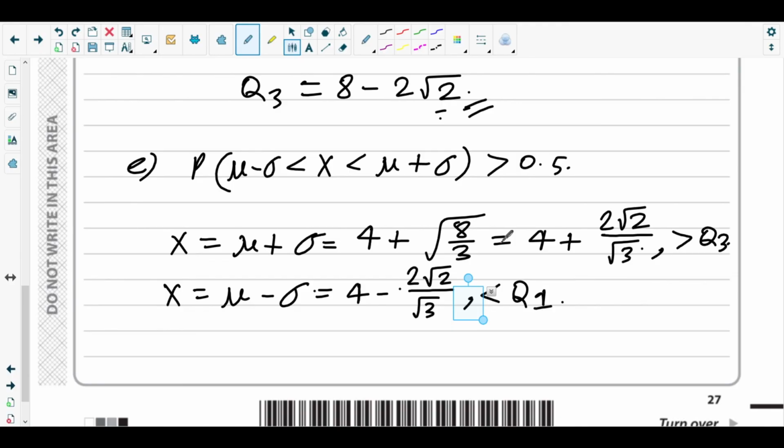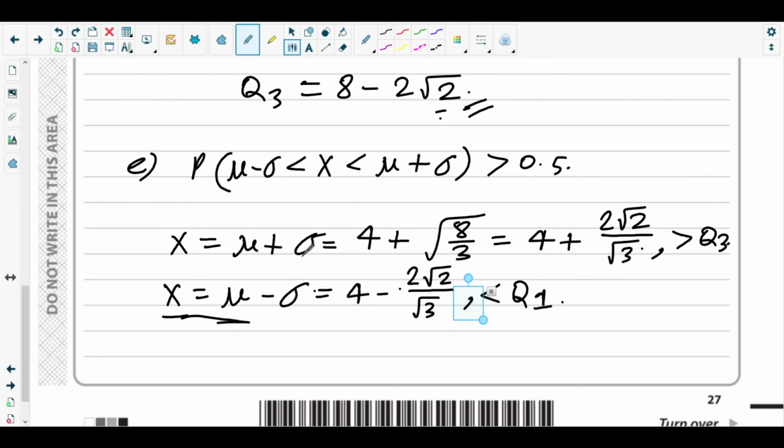Okay, so that means the range that the statistician has considered is, wait, 4 minus 2 square root of 2 over square root of 3 is 2.36, and 2 square root of 2 is 2.82. So definitely this value is less than Q1.